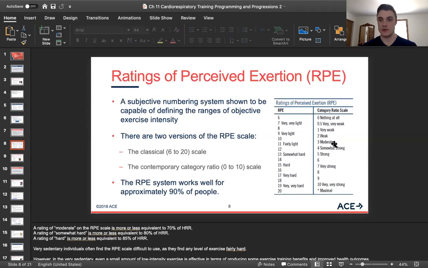There's less variability because the 6 to 20 is just a lot of numbers, and maybe people that haven't worked out too much might not be able to know the difference between very, very light, fairly light, and somewhat hard. So to start out, it's nice to stick around in the 0 to 10. But for more advanced people, it'd be better to use the 6 to 20.